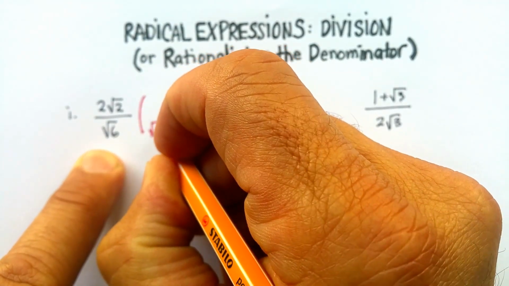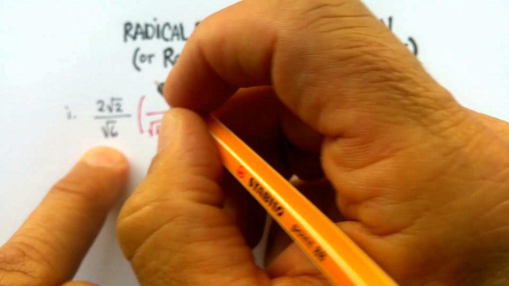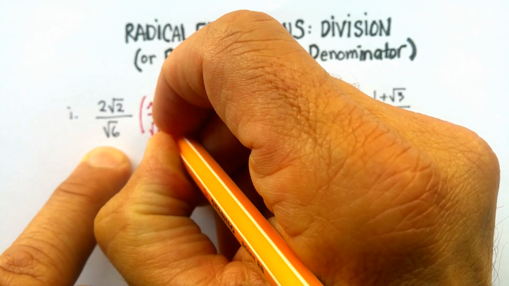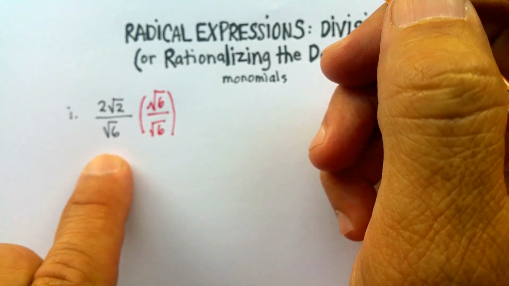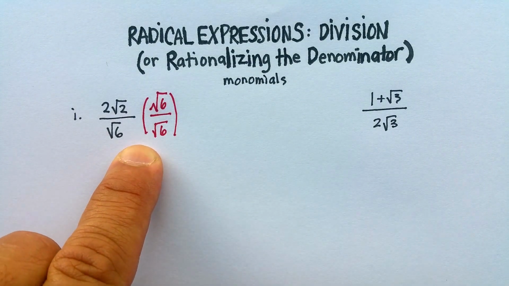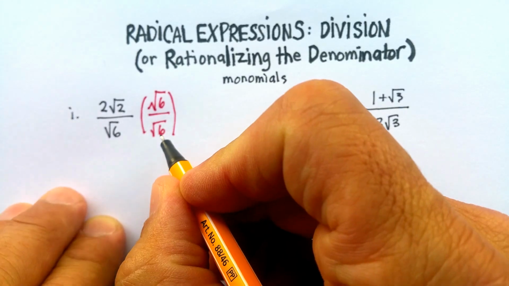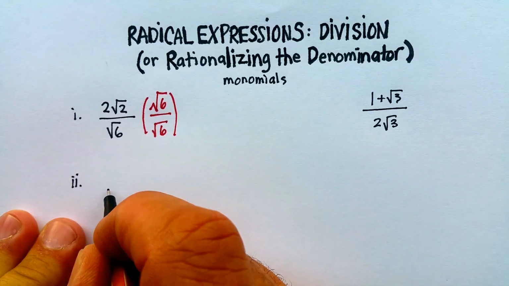And to do that, I have to multiply by some kind of a number that won't change that quantity. And we all know that multiplying by 1 doesn't change the quantity of something, does it? So in this case, I'm going to multiply by radical 6 over radical 6. Now when I do that, look what happens in the denominator.